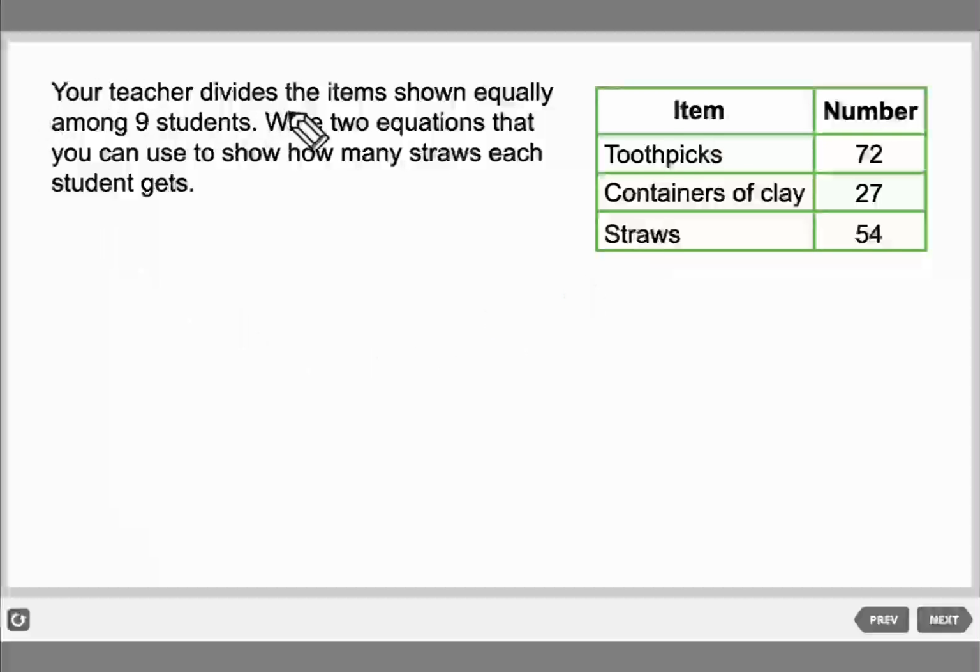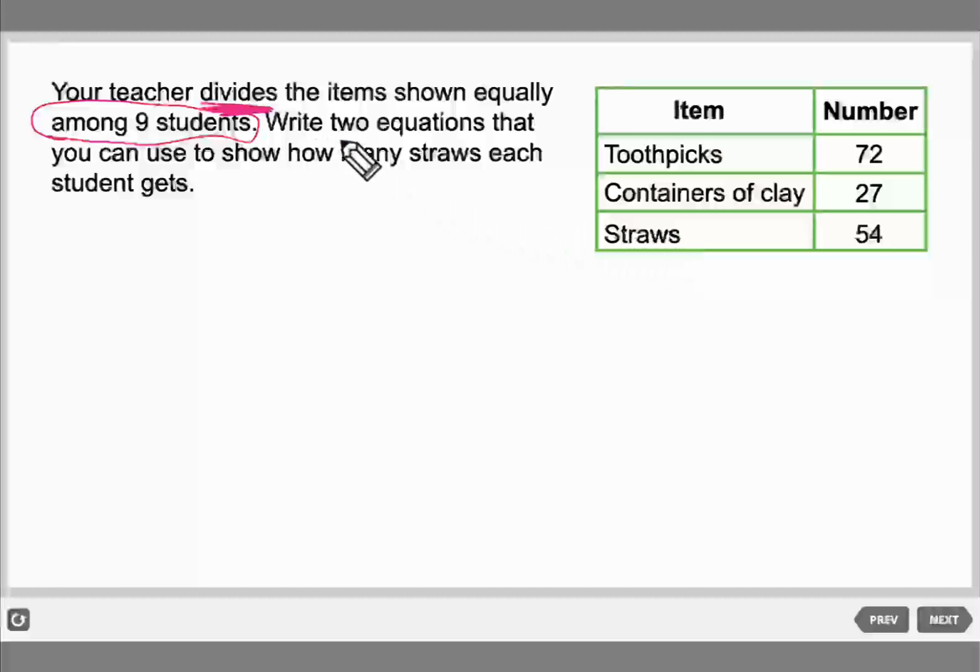So your teacher divides the items shown, these items. What items do we have? We have toothpicks, containers of clay, and straws, among 9 students. So he is dividing the items among 9 students equally.